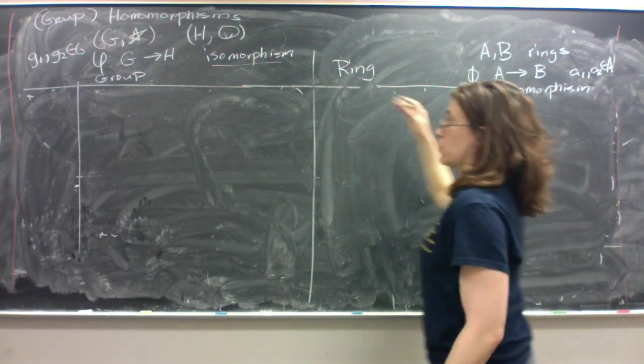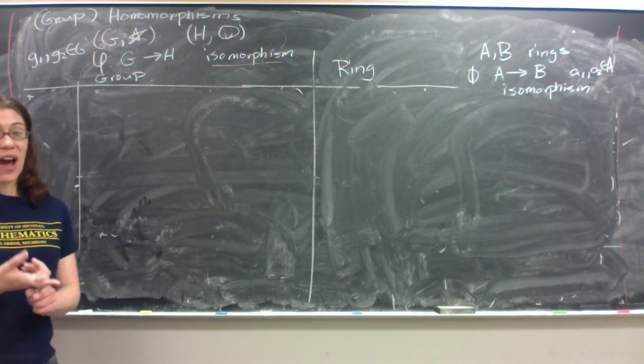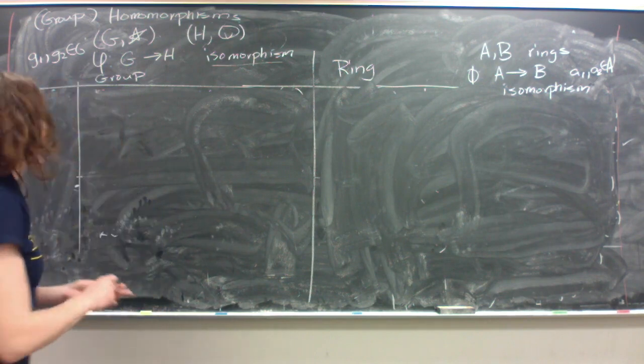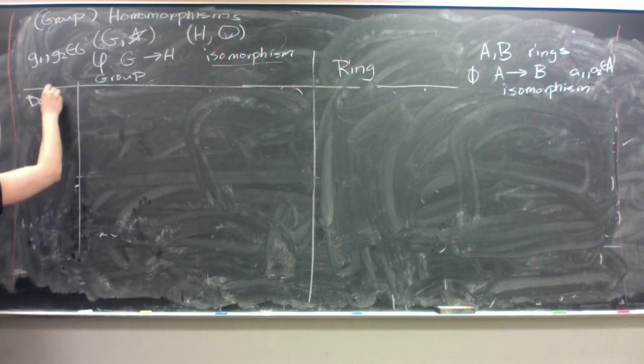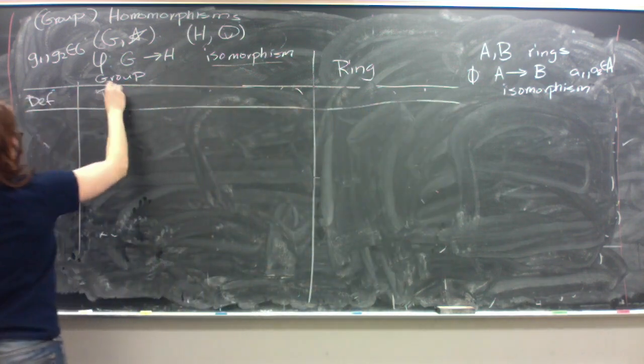Now, to check if phi is an isomorphism, you have to check two things. You have to check that it's a bijection, and you have to check that it's a homomorphism. So the definition in both cases is a bijective homomorphism.